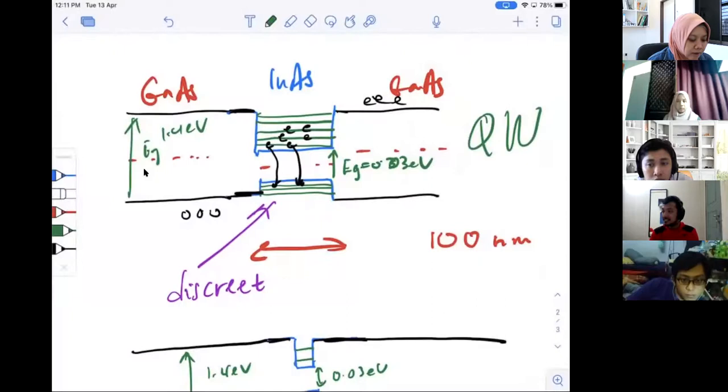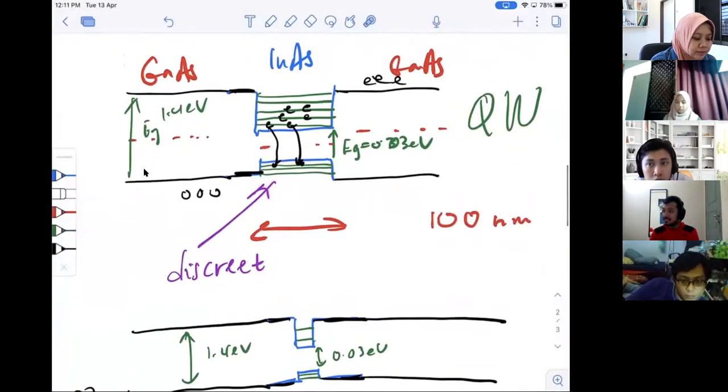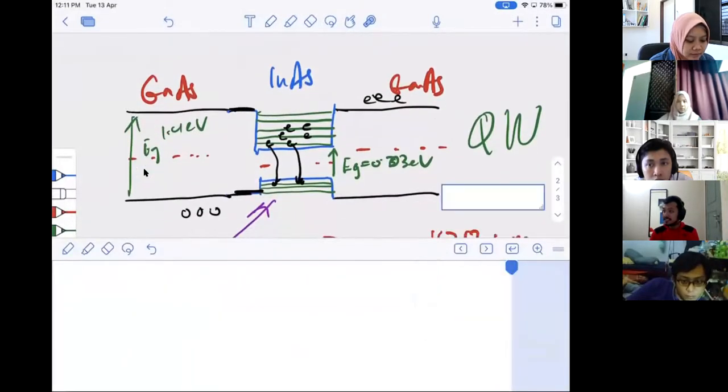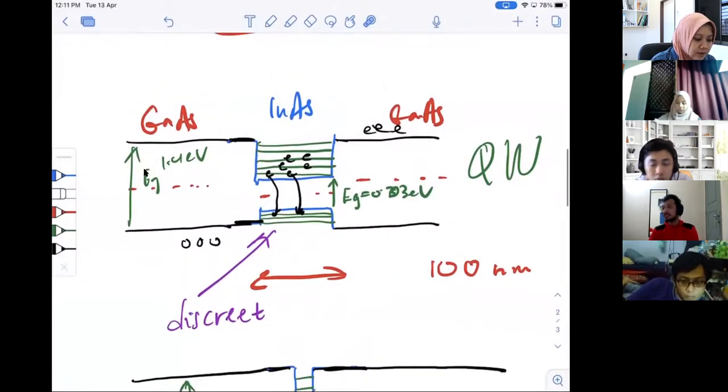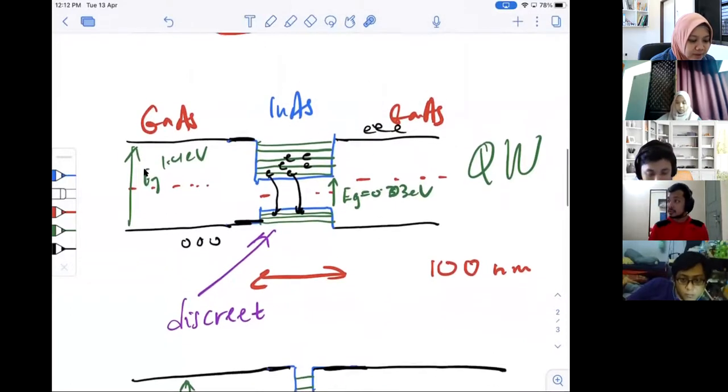Okay. Kita share. Fast charging I will show. Okay, so for quantum well, tak boleh detect tangan saya sebab macam ni je.